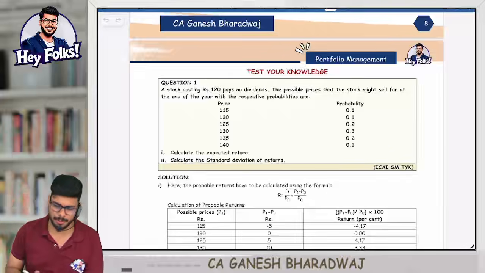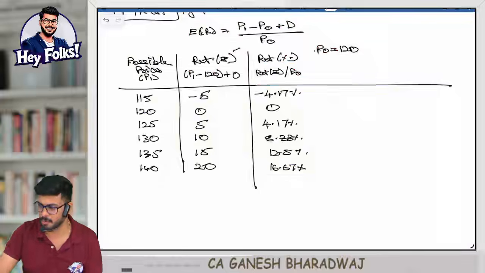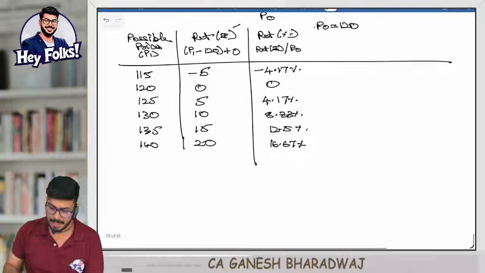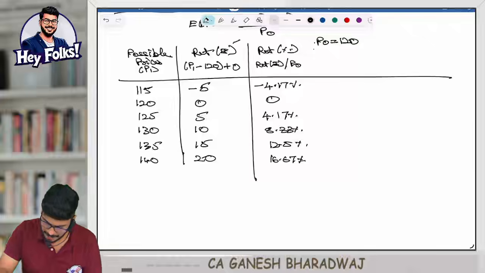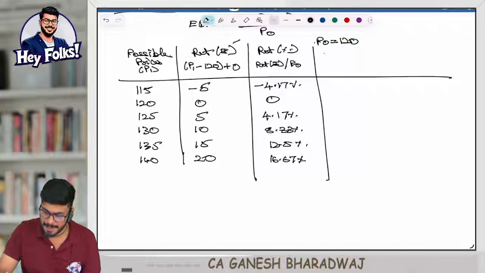Now what will you do? We will have to go ahead and calculate the expected return first. Guys, what will be my expected return? Can we continue doing it here? Yes, you can put this here. Write down probability. What is the probability for each of these returns getting fulfilled?